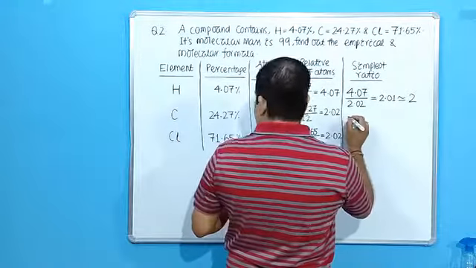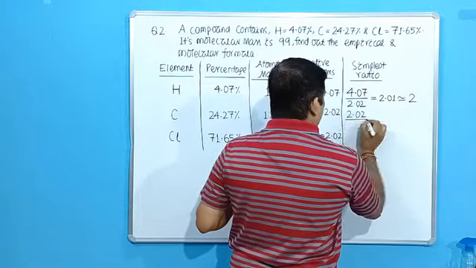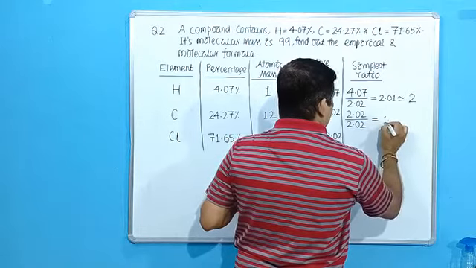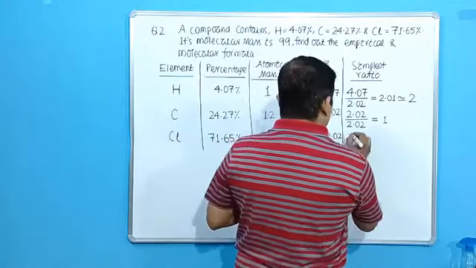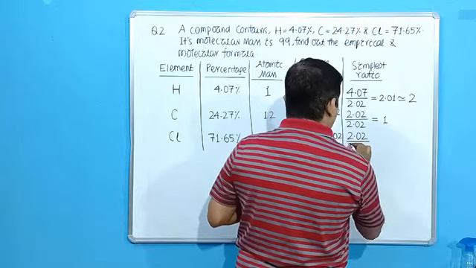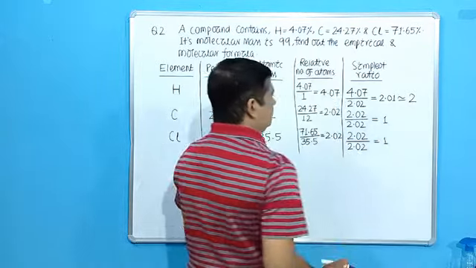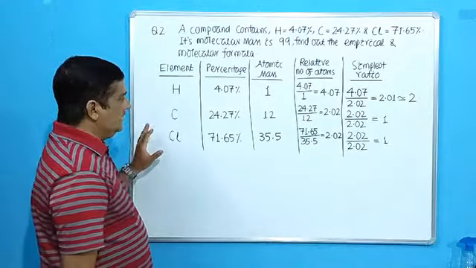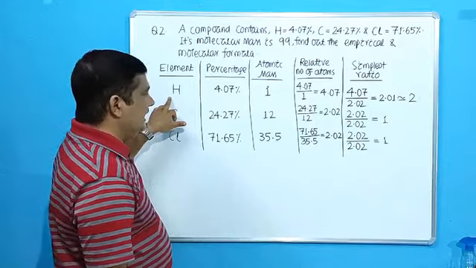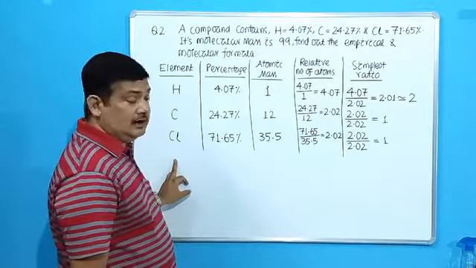Then carbon: 2.02 divided by 2.02 will be 1. Similarly chlorine: 2.02 by 2.02 equal to 1. So what will be the empirical formula? In the empirical formula the simplest ratio will be hydrogen 2 atoms, carbon 1 atom, chlorine 1 atom.